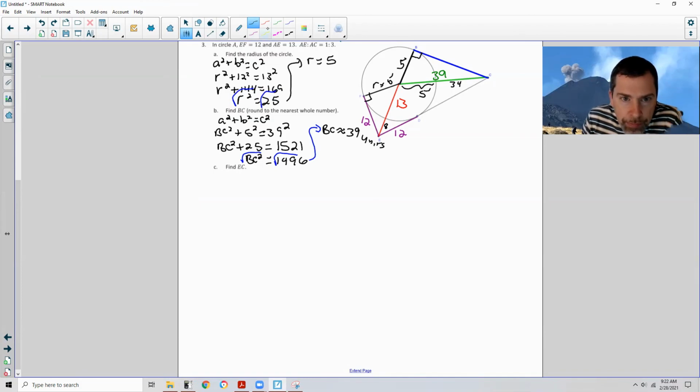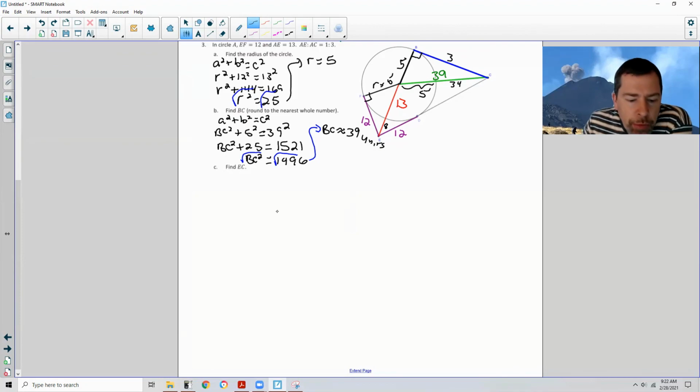Part C. Let's switch to red now. Find EC. Where's C? Oh, it's the whole thing. Oh, well, that's easy. We just found BC to be approximately 39? It is. That can't be.